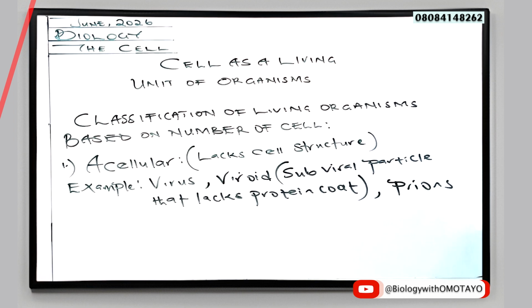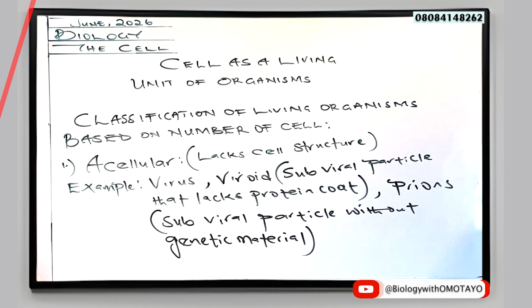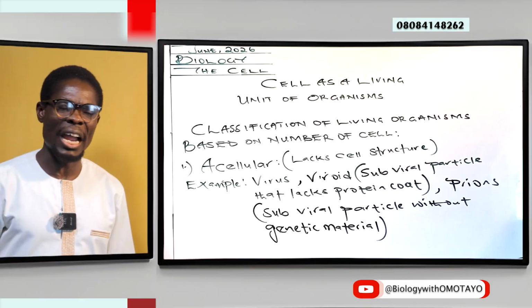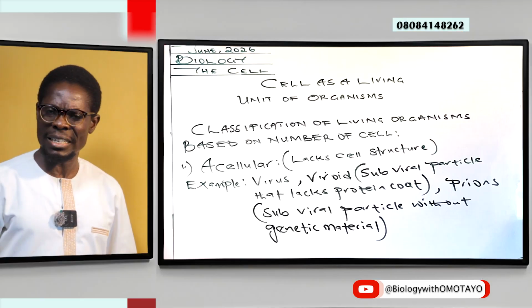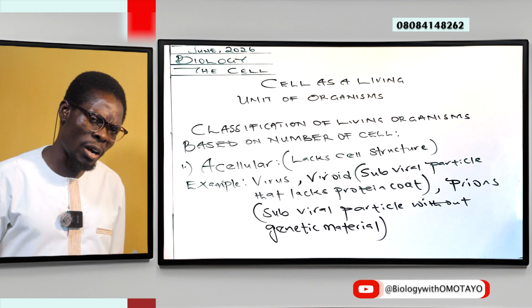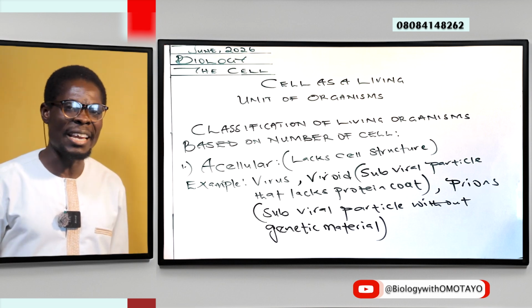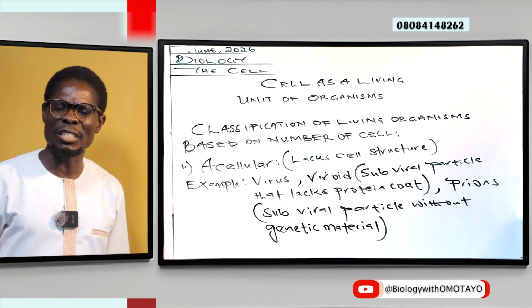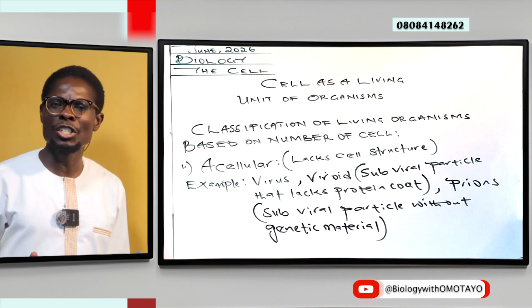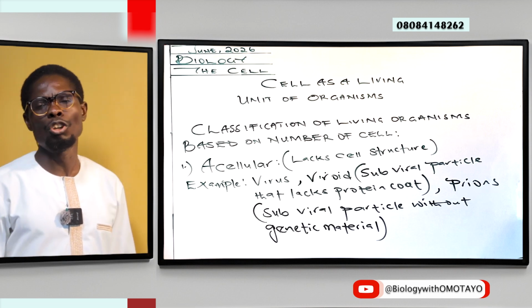The prion as well is a subviral particle without genetic material. So at this acellular phase, the organisms in question are not really referred to as living things. Rather, you can see our choice of words, referring to the examples as particles or other words that do not really depict a living thing. And as I said earlier, the virus is always referred to as a bridge between living and non-living things.